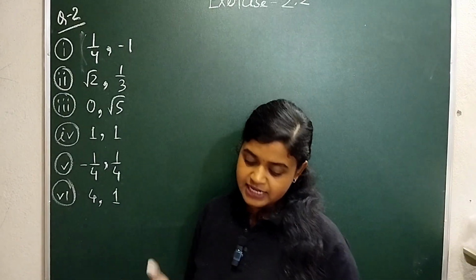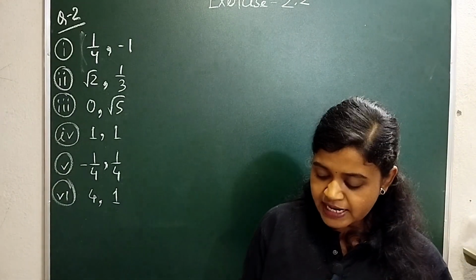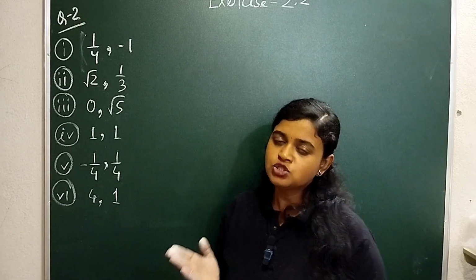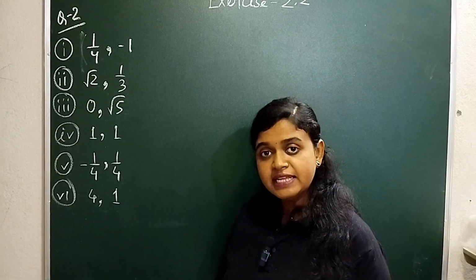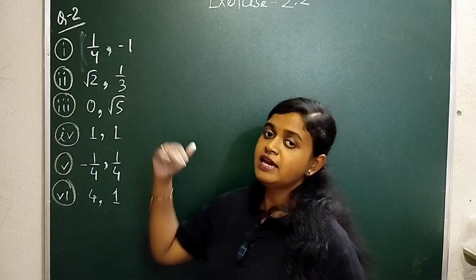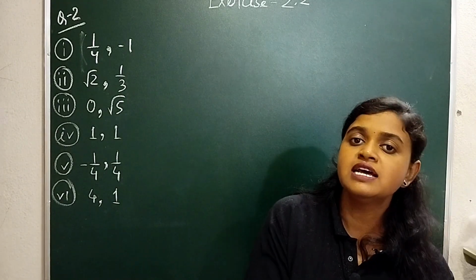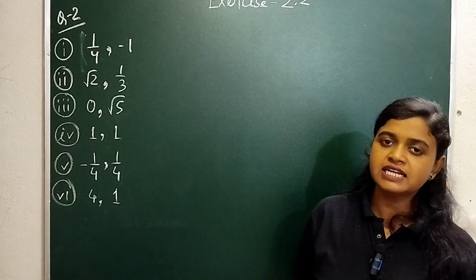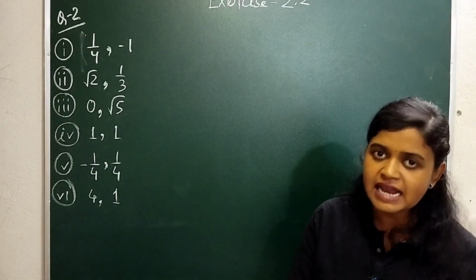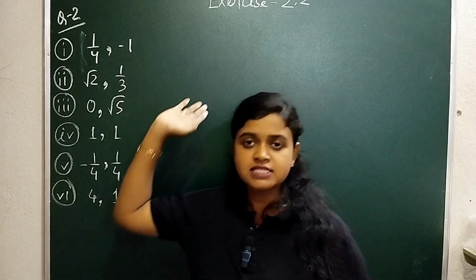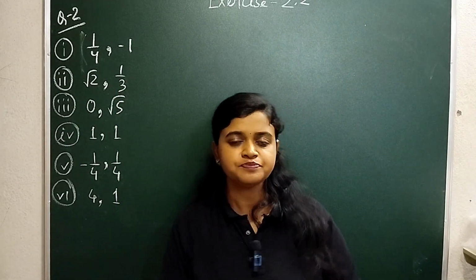Respectively indicates that if the sum is written first and the product second, the first number indicates the sum and the second indicates the product. If the product is written first and the sum second, then it indicates that 1 by 4 is the product and minus 1 is the sum.